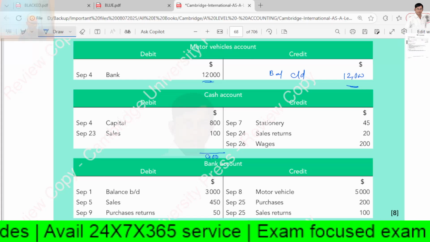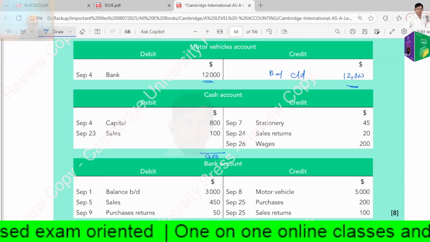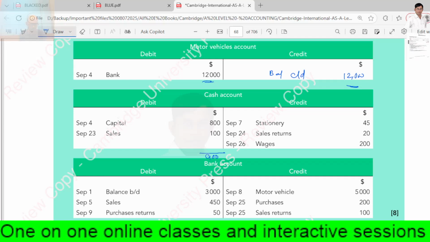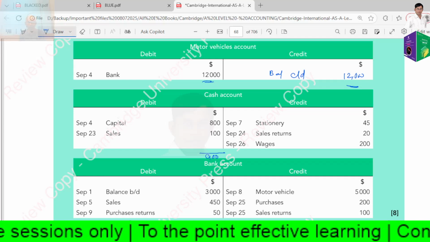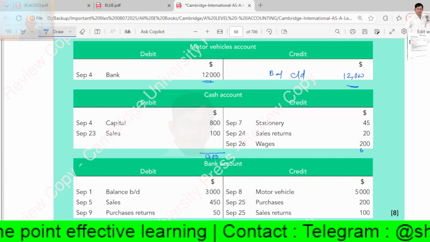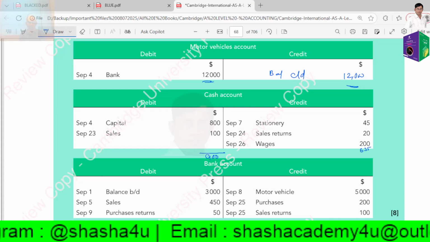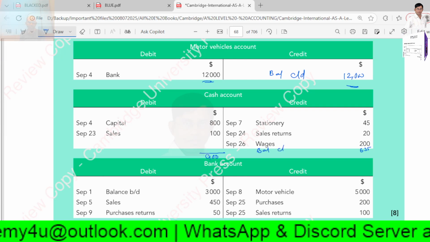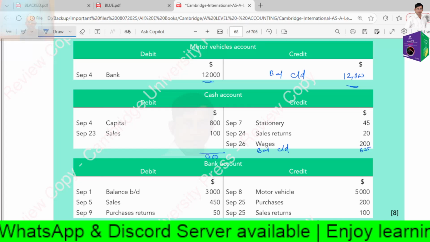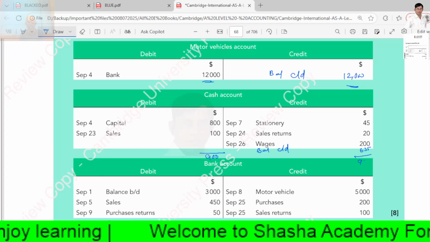So 900 minus 265 is 635. Balance carried on is 635. So if you put the balance, the totals will match.